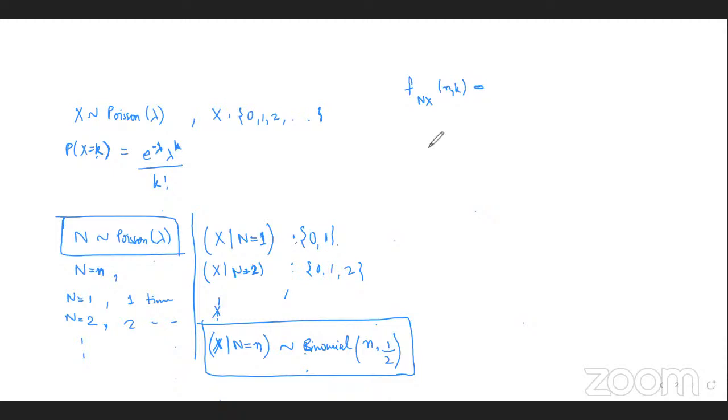Let's say X and Y have a joint distribution f of XY at t1, t2, and I'm interested in finding f of XY at t1, t2. We can write it as f of X given Y equals t2 at t1, times f of Y at t2.